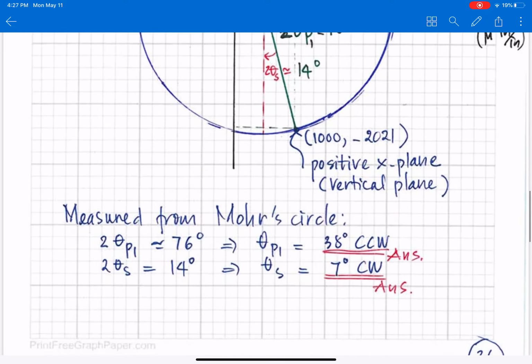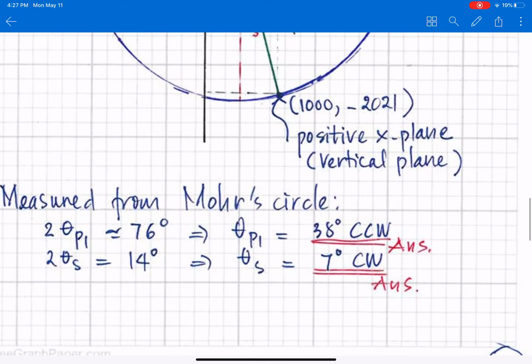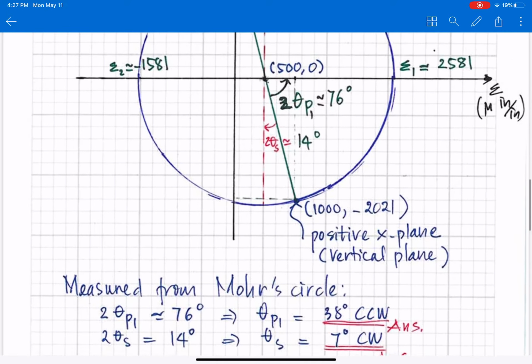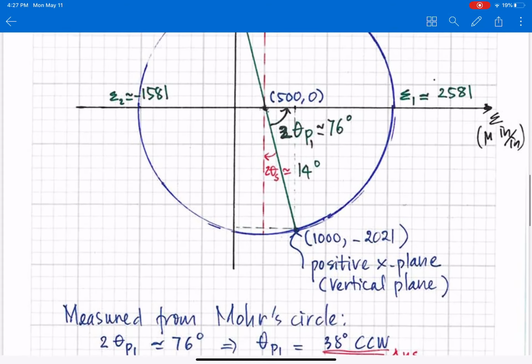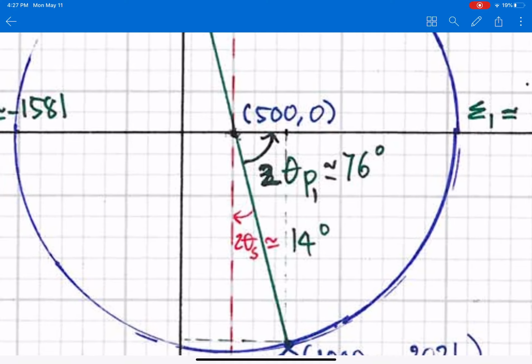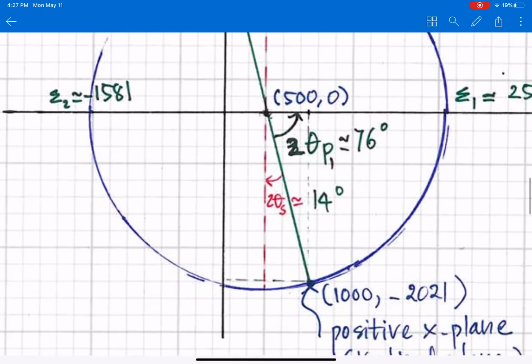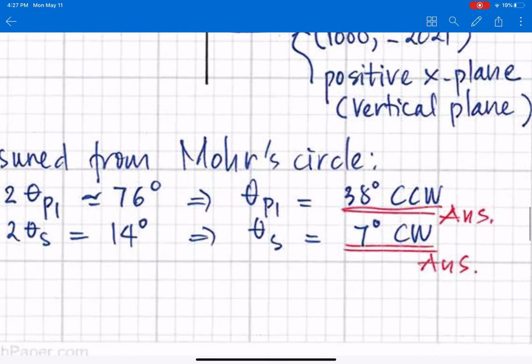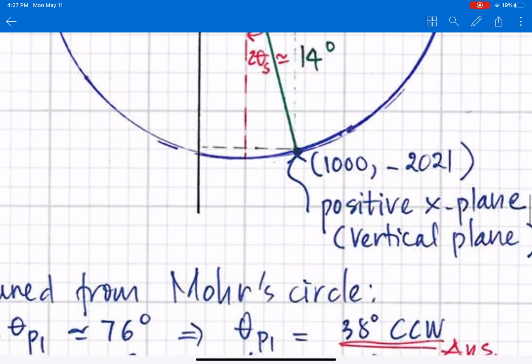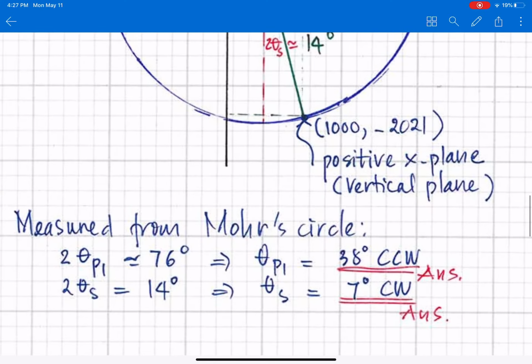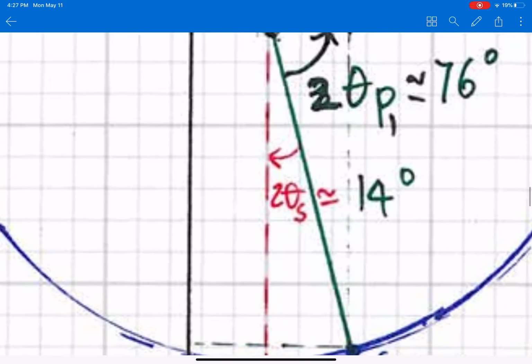So you have theta p1 divided by 2, 38 degrees. And everything is from the positive x plane. So as you can see in this, it will be counterclockwise. Similarly, theta x is 7 degrees clockwise, because 2 theta x is 14 degrees. So theta x is clockwise, as you can see here.